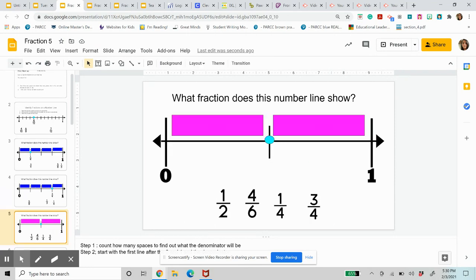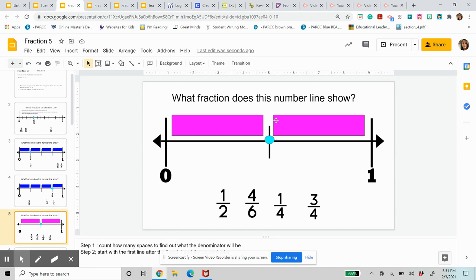All right, let's go to the next slide, slide 5, okay? I want you to make a choice. What do you think that this dot represents on the number line? So do you think it's a half, 4/6, 1/4, or 3/4?